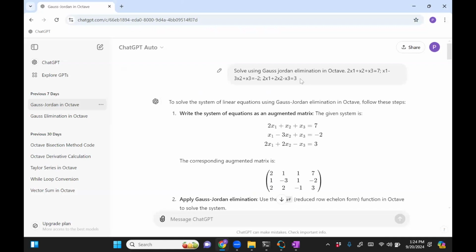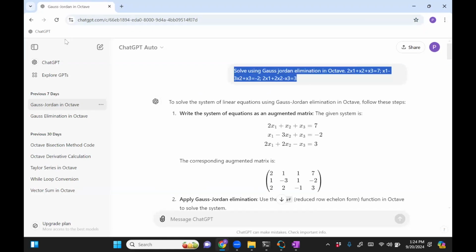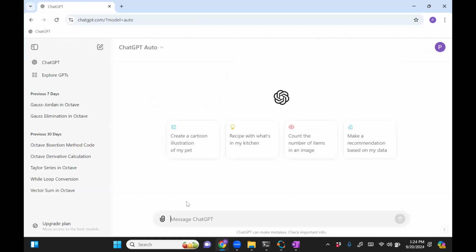So I already have the same questions. I can use this. Okay, so open a new chat. Octave code. Check. Method for the following equations.